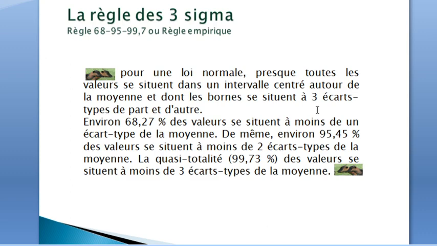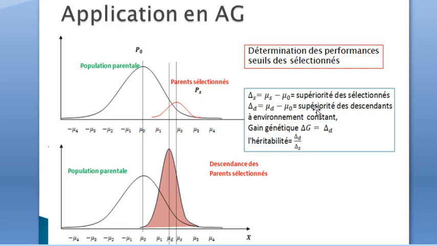Okay, now let's present the applications of the normal distribution law in animal breeding and genetics. Firstly, it is used to determine the threshold mean or target threshold for selection when the selection proportion is well known.